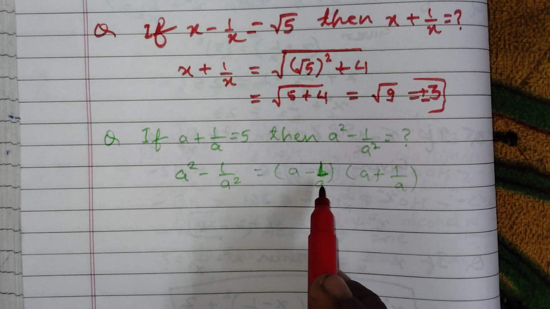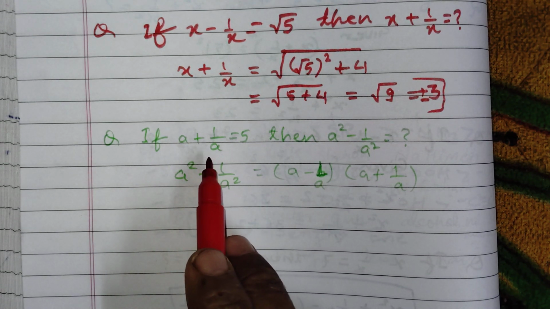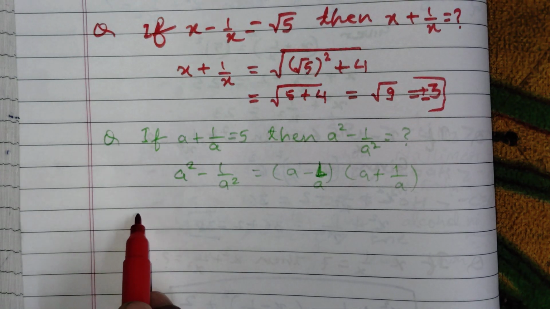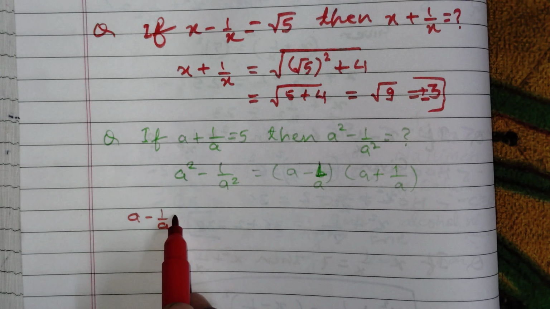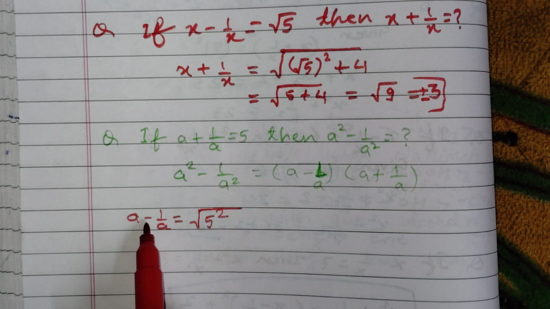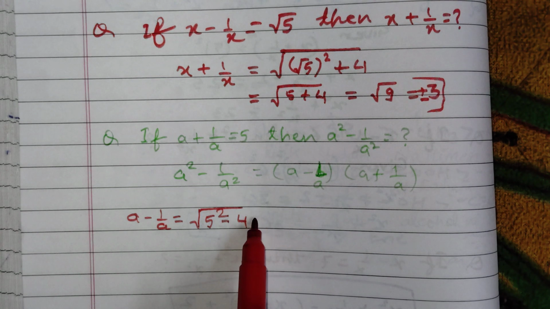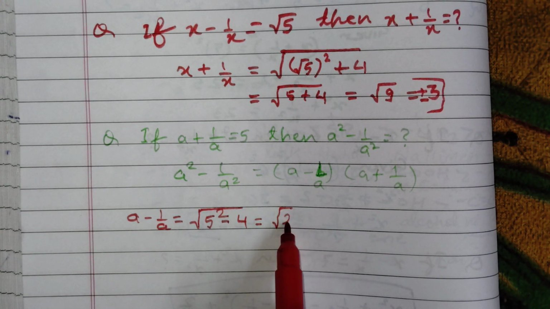And to plug in the value of a minus 1 upon a, first we find a minus 1 upon a if there is given a plus 1 upon a equal to 5. So a minus 1 upon a, its identity is square root, here given 5. So 5 square, since there is minus, so we write minus 4 here. So 5 square is 25 minus 4, it gives us square root 21.